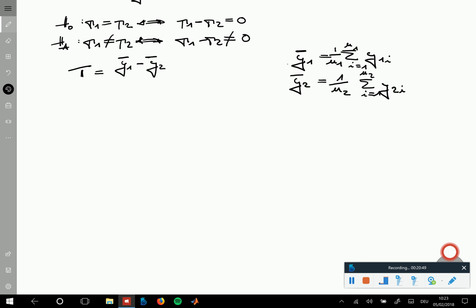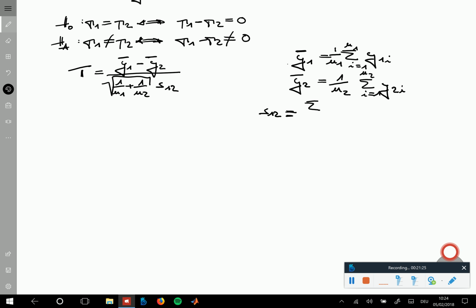And then you divide this by the square root of 1 over n1 plus 1 over n2 times S12. And what is S12? S12 is a measure of the variability in the data, which is defined as the following.